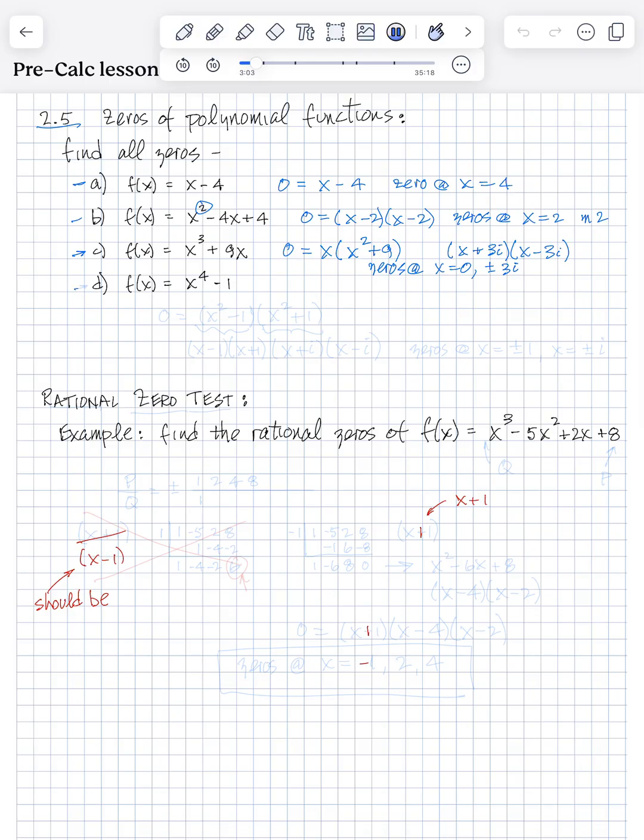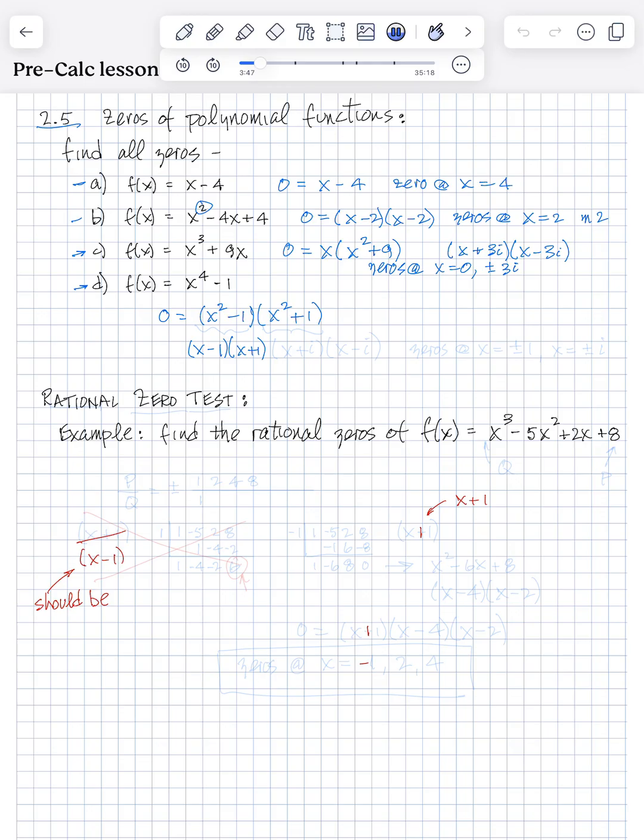All right, let's look at D. We know we're going to have 4 zeros. So what we want to start off with is factoring this. Set it equal to 0. So 0 is equal to factors of x to the 4th minus 1, which is x squared minus 1 and x squared plus 1. Now we can factor each one of these again. The x squared minus 1 is an x minus 1 and an x plus 1.